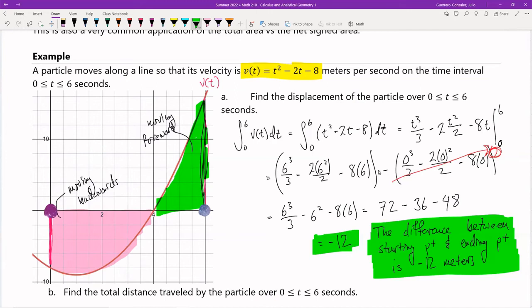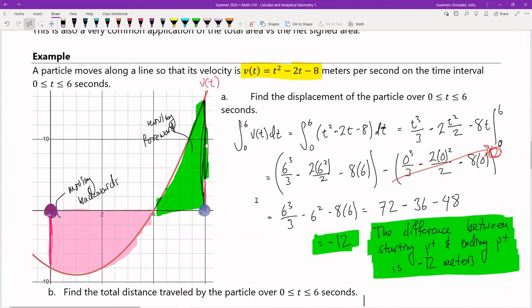We want to take that as an amount of distance, so we need to turn it positive, even though we know that it's going to be negative. And then from 4 to 6, he was going positive anyway. That number is going to be positive. We're good to go, right? So that's what the total distance is.